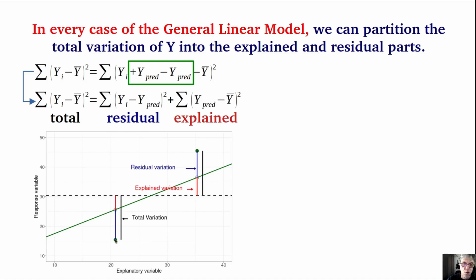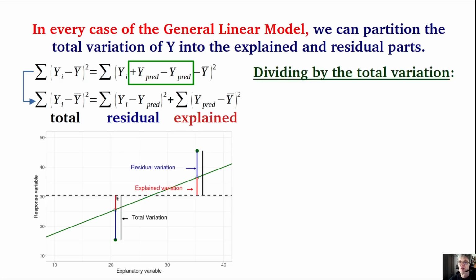So we have two data points, and here in dashed line is the mean of the response variable. Here is the best fitting line, and with this best fitting line, the total variation is partitioned between the blue part, the residual part, and the difference between the predicted values and the mean, that is the explained variation.